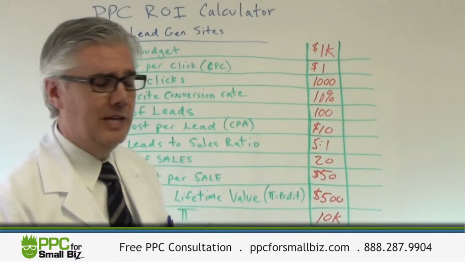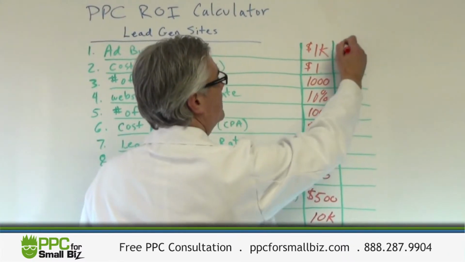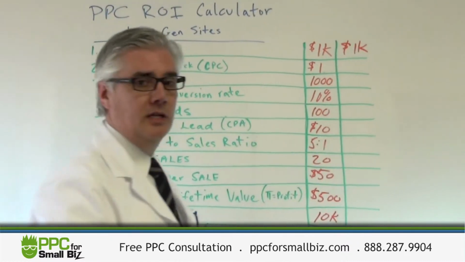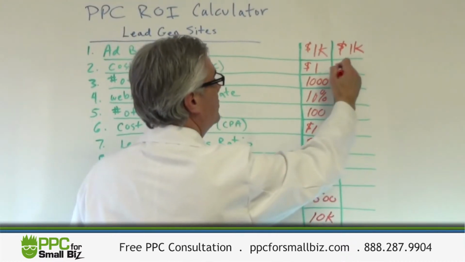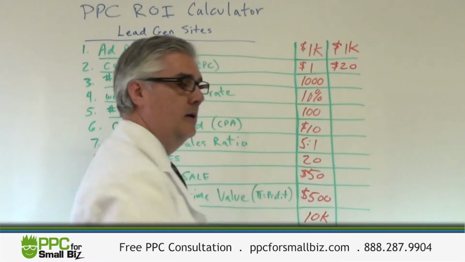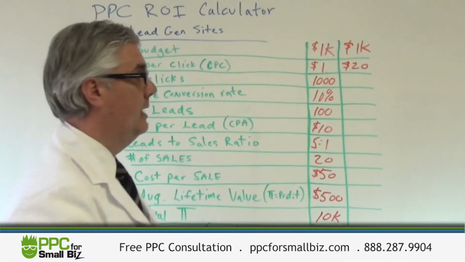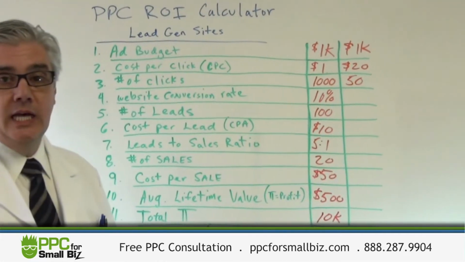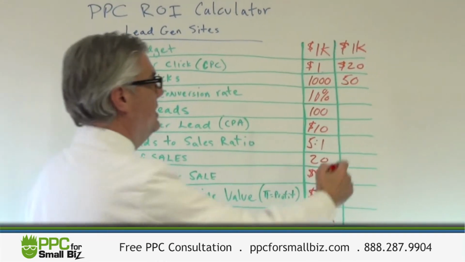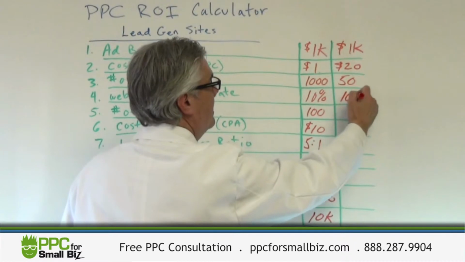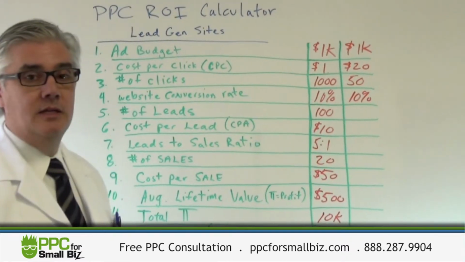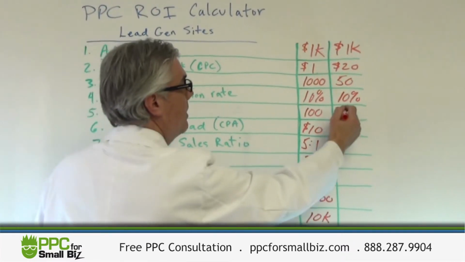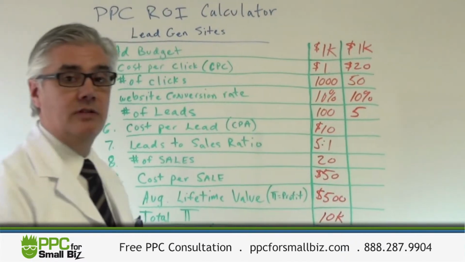So let's take the same example. Assuming Tom has a $1,000 ad budget, but let's assume that his cost per click is not $1, but is $20. Now this means that Tom would only get 50 clicks in a given month. Assuming his website conversion rate, again, is 10%, his lead count has gone from 100 down to 5.